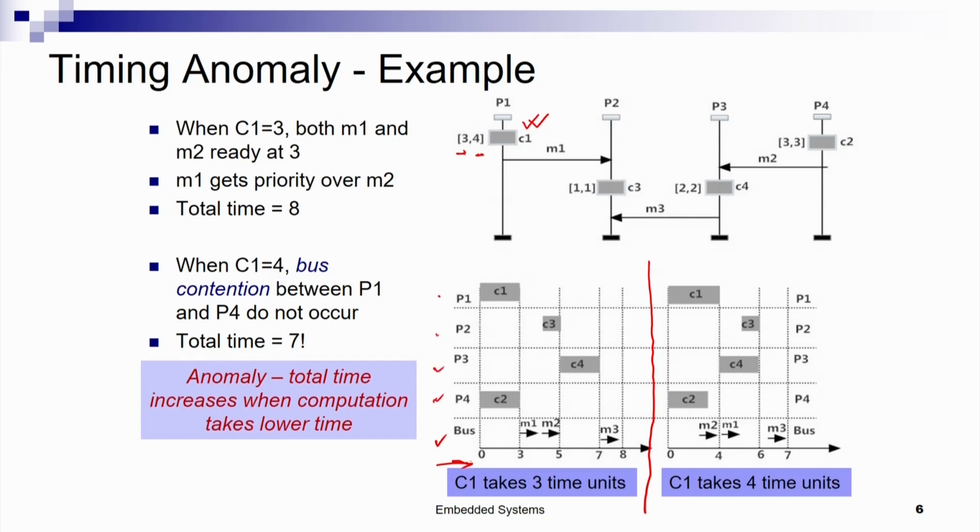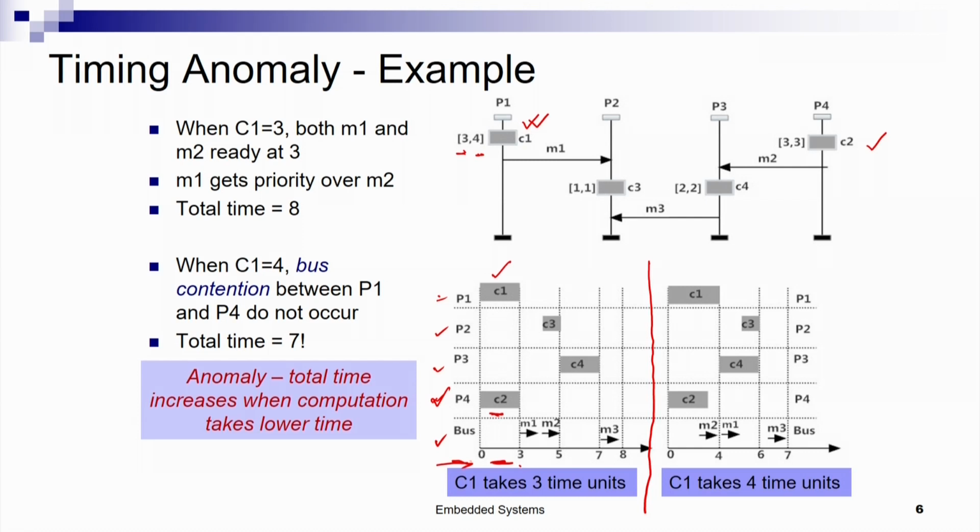When C1 takes 3 units of time, task C1 on P1 executes in the interval 0 to 3 and completes at time 3. C2, on the other hand, executes in parallel on P4, also takes 3 units of time, and completes at time 3.